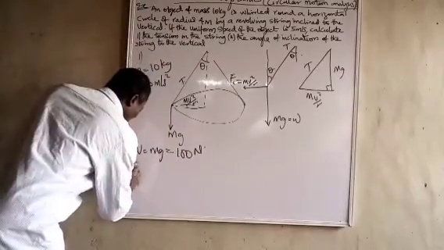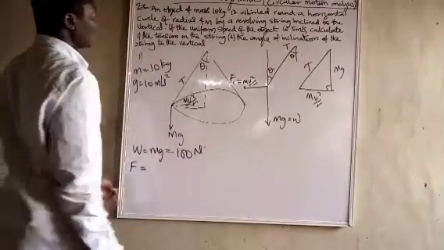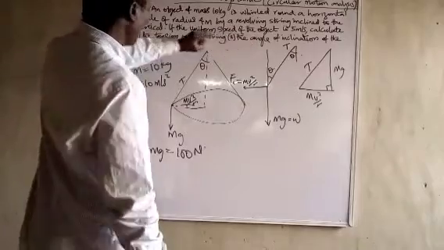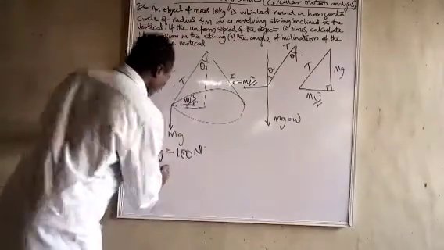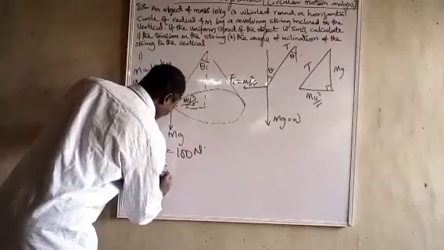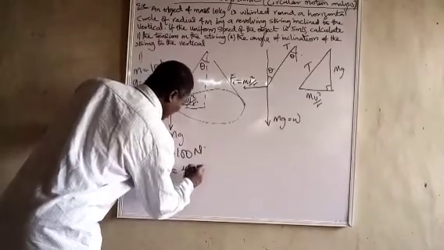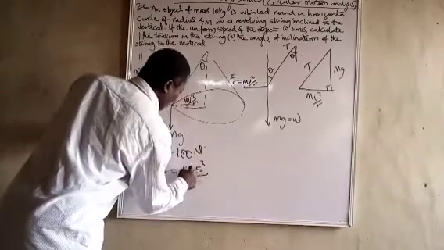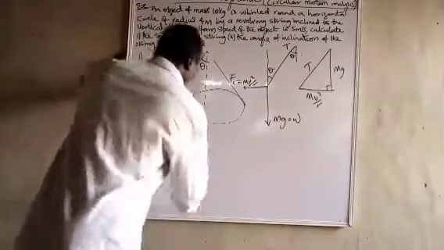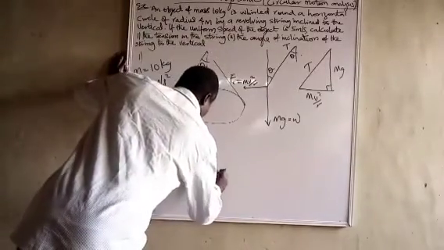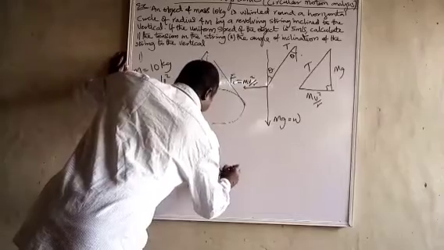Let's see what our centripetal force is. We are told that the velocity is 5, 4 times 5 squared. And what is the r? Radius is also 4. So this one is giving us 25 Newton.